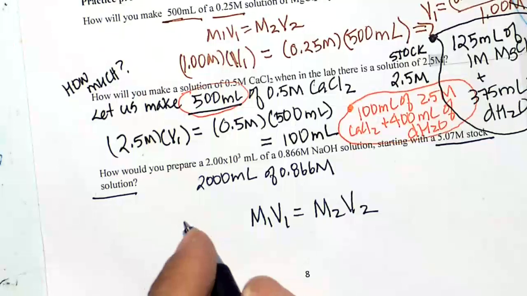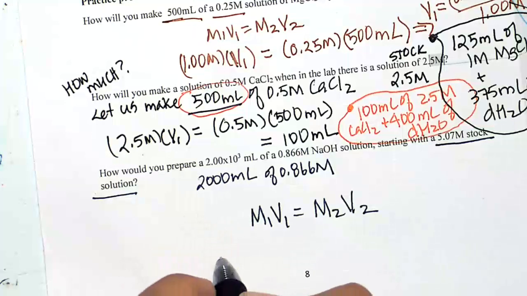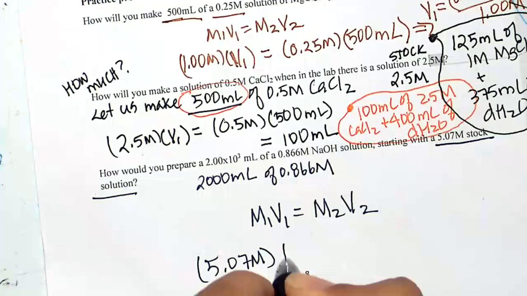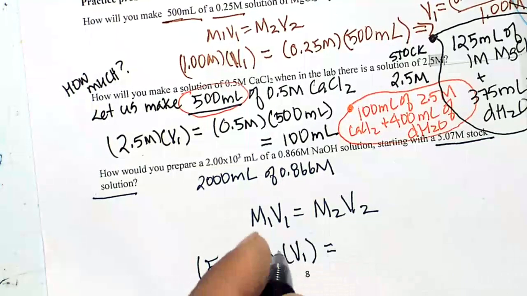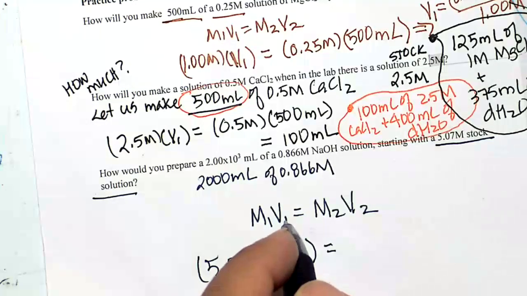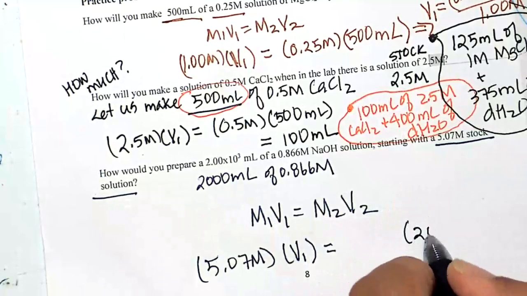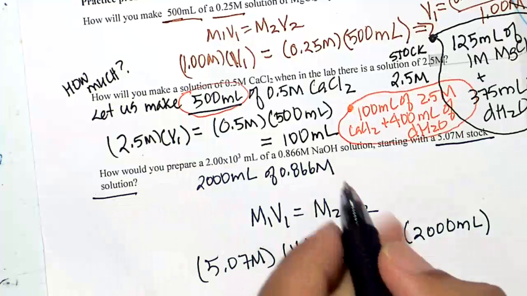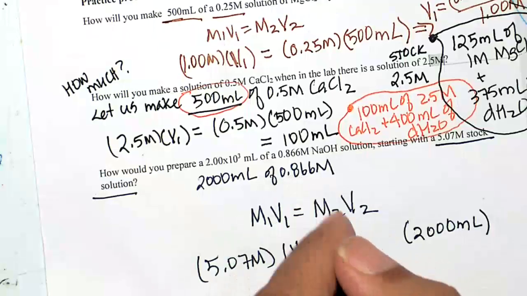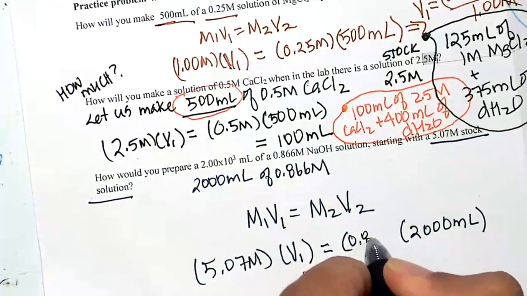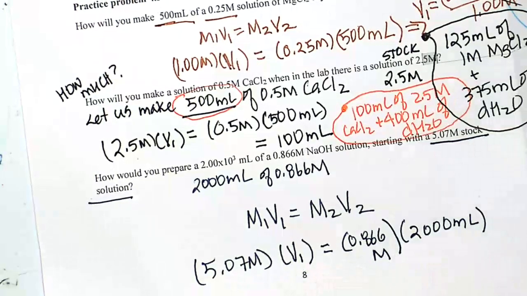Okay, M1V1 equals M2V2. So M1 here is our stock, which is 5.07 big M. V1 is how much we want to take out from our stock. And how much are we making? 2,000 mLs, 2 times 10 to the 3. And the final concentration in those 2,000 mL total volume is 0.866 molar.